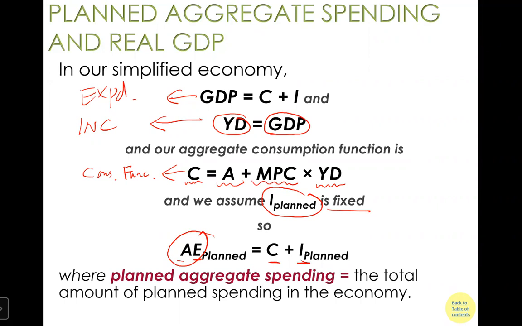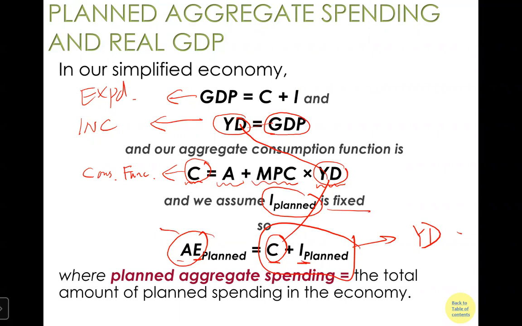But remember, this C is going to be a function of income, right? And income is equal to GDP. So on the right-hand side, this depends on disposable income.